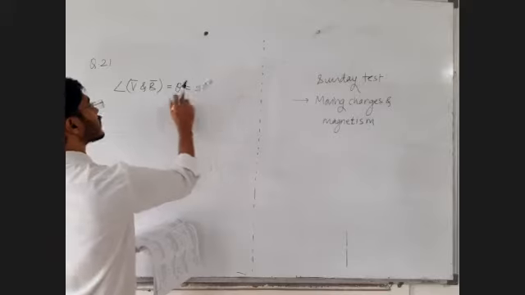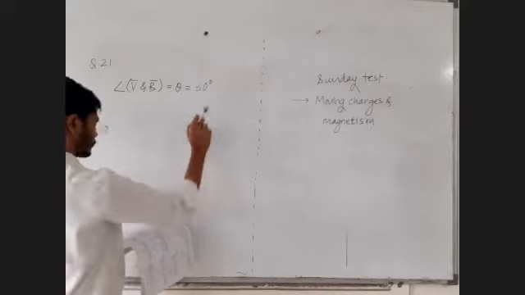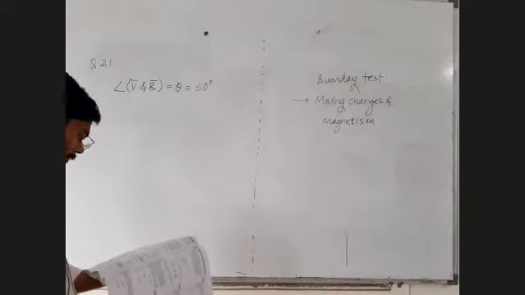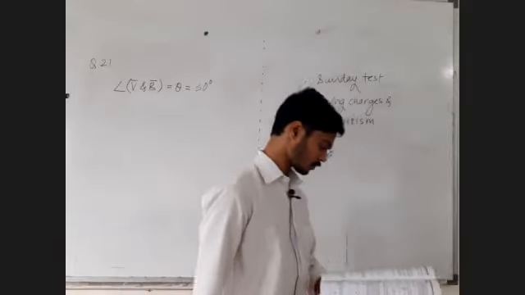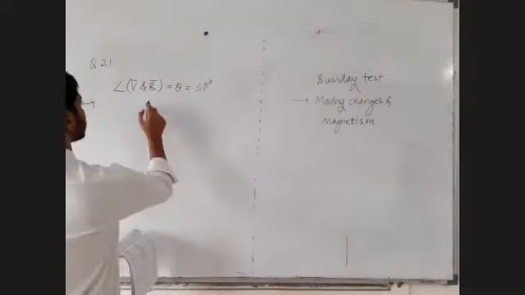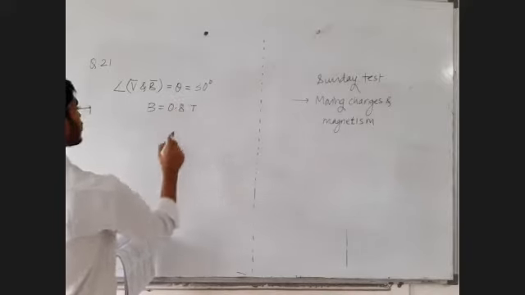Theta is the angle between velocity and magnetic field, so the angle between velocity and magnetic field is 30 degrees. The magnetic field is equal to 0.8 Tesla.